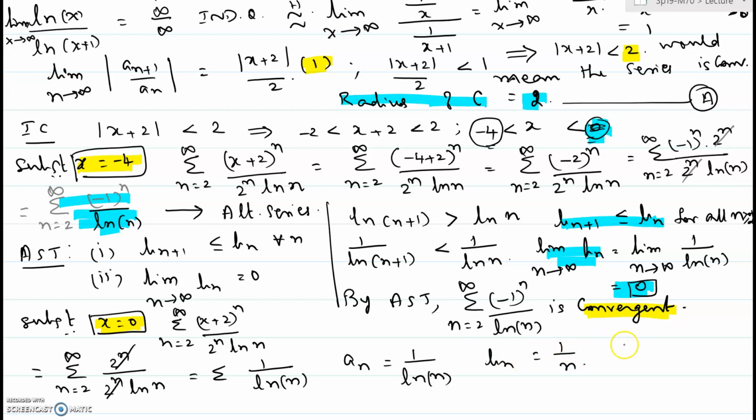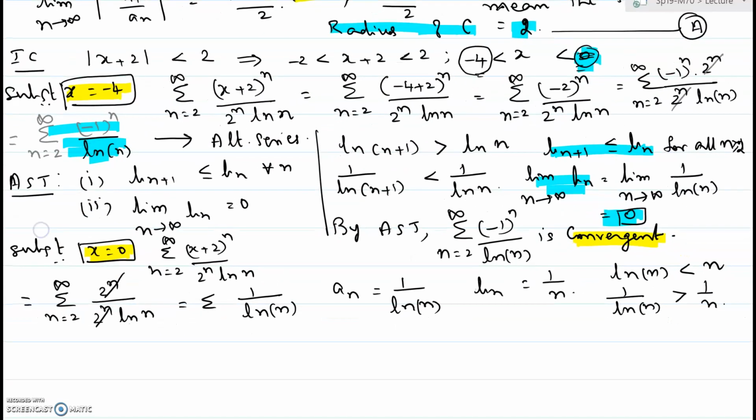We have the relation that the logarithm of any number is less than the number, so 1 over ln of n will be more than 1 over n.